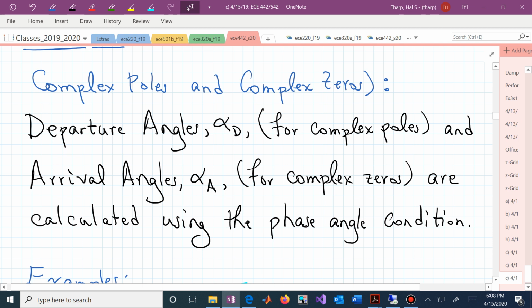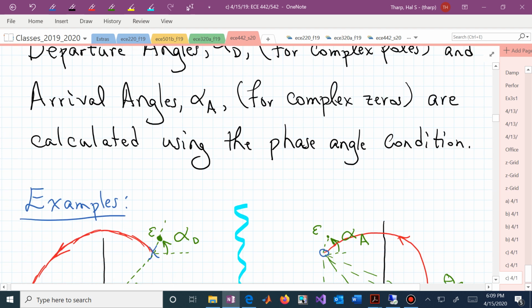And we know that our branches terminate on finite zeros, so our arrival angles, alpha sub A, are going to be what we use to determine the angle of approach that our branch takes as it approaches those complex zeros. And all of those angles, alpha sub D and alpha sub A, can be determined from the phase angle condition.